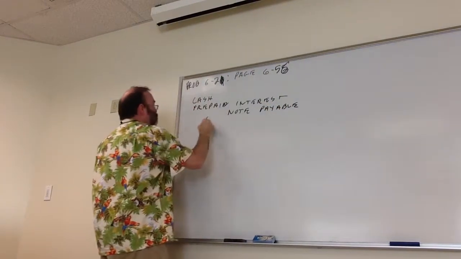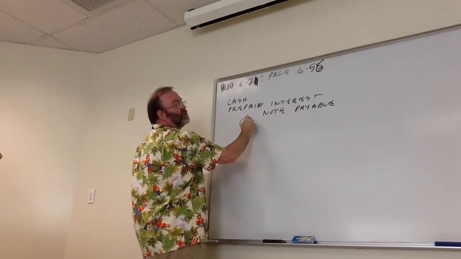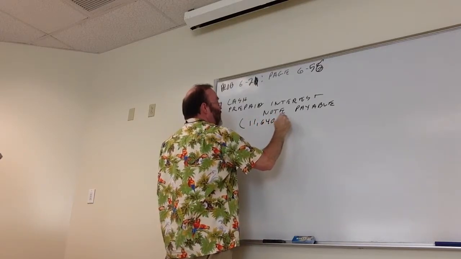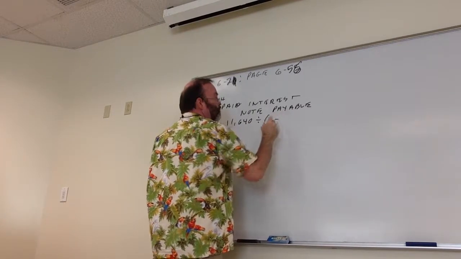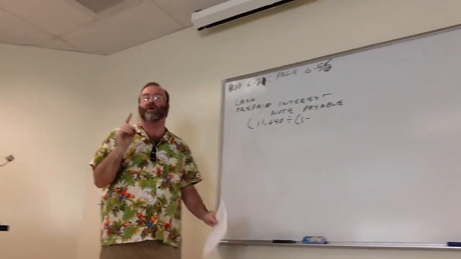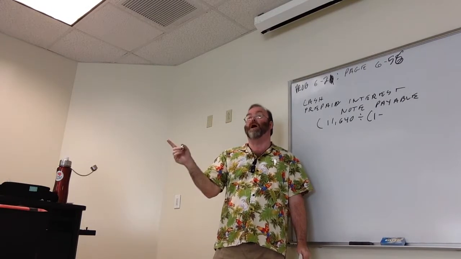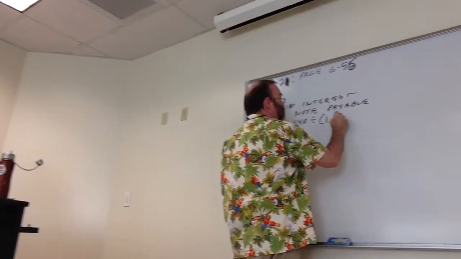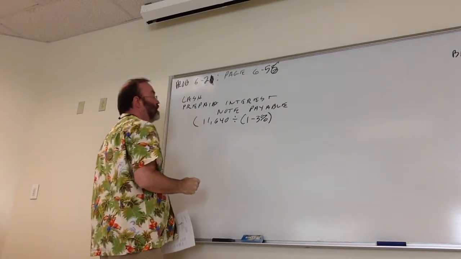If you take the proceeds of $11,640 and divide it by 1 minus the interest rate. And the interest rate, it's a 12% note. All right, so that's 1% per month, and it's a 3-month note. So you're going to pay 3% in interest.